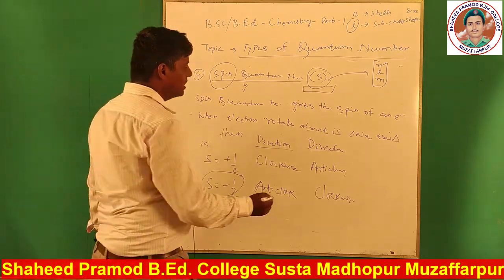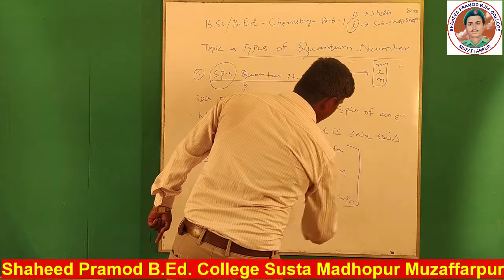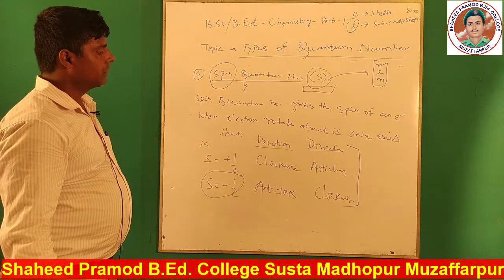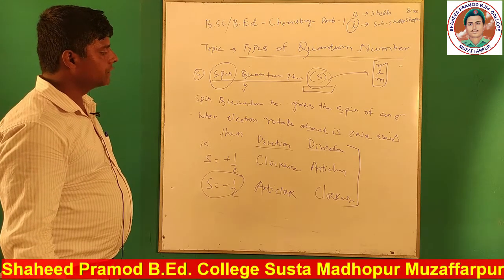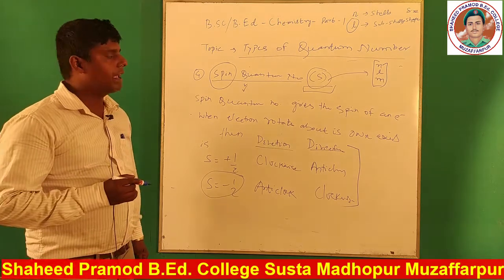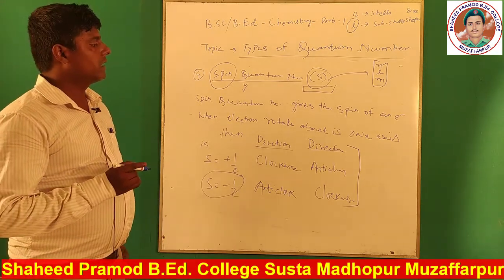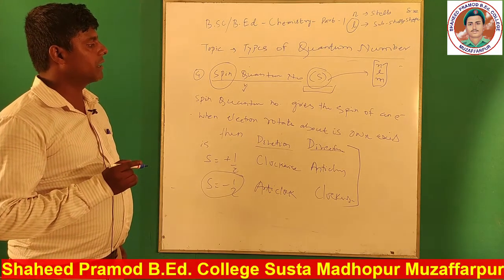So I think this is the description of the 4 quantum numbers as discussed in the previous lecture as well as today's lecture. In case of any query regarding this, you can ask me in the comment. You will get the appropriate answer.